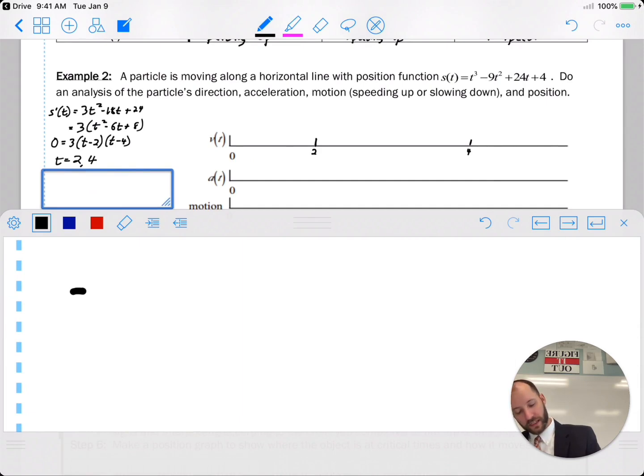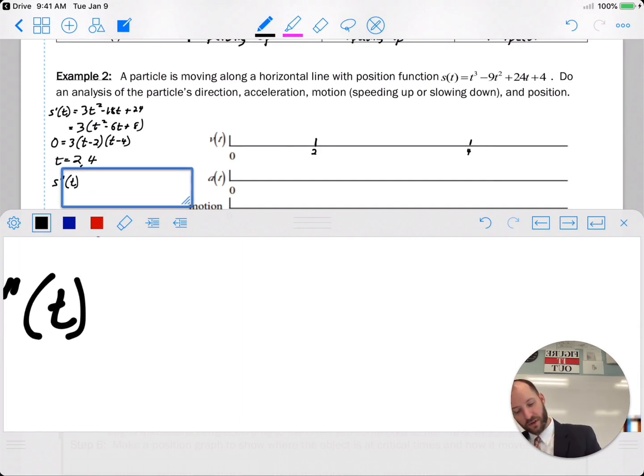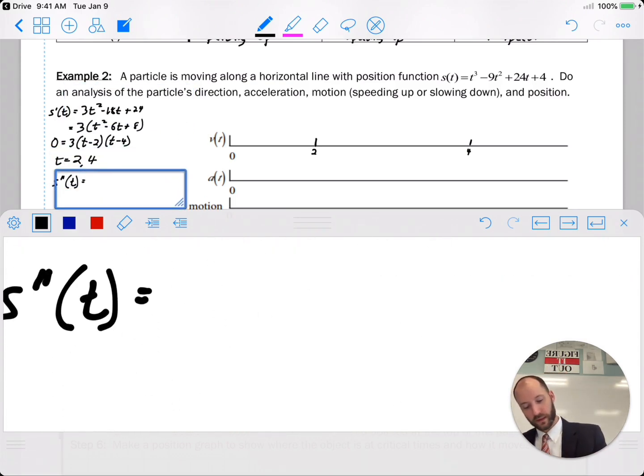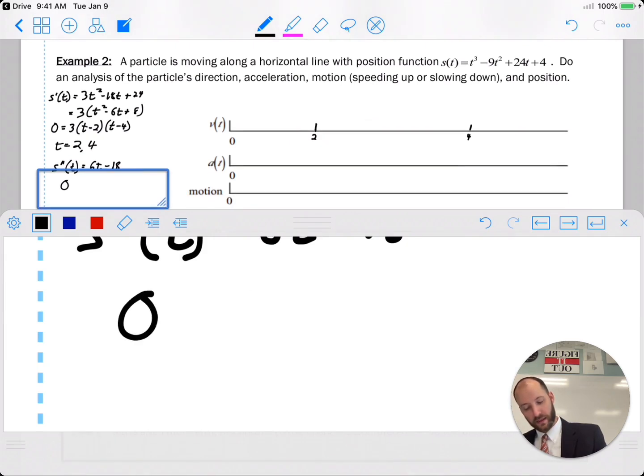Now let's look at the acceleration, s double prime of t. So take the derivative of s prime. Let's go back to the first line, take that derivative. So 6t minus 18. There could be, again, positive accelerations, there's a lot of those.